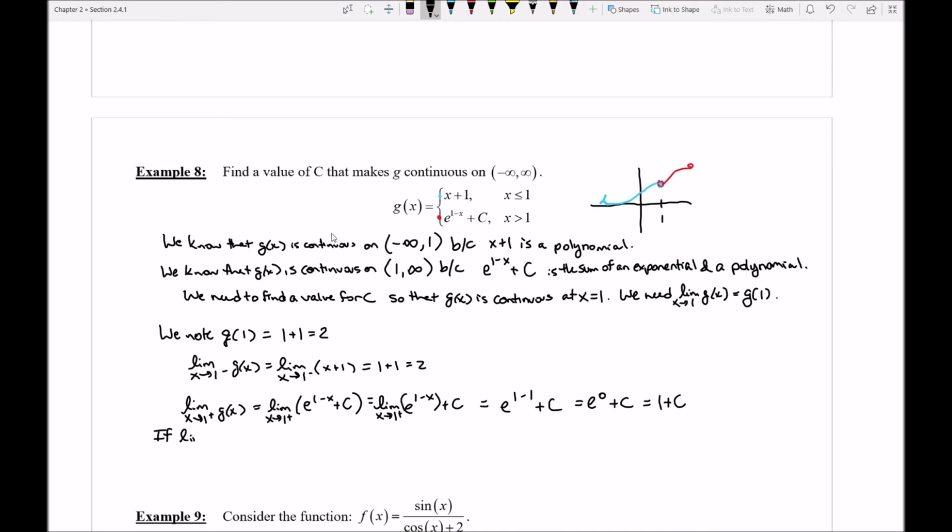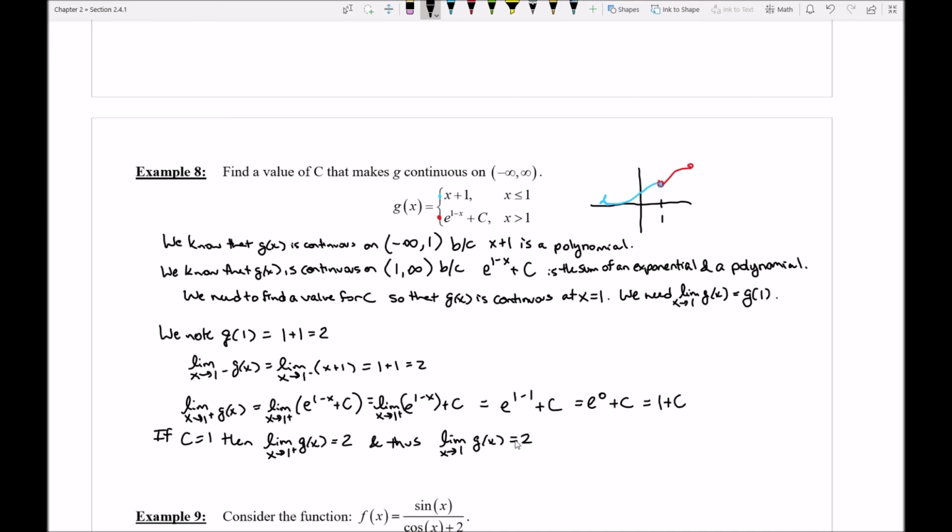If c is equal to the number 1, then the limit as x approaches 1 from the right of g of x would be equal to 2, and thus the limit as x approaches 1 from both sides would be equal to 2.